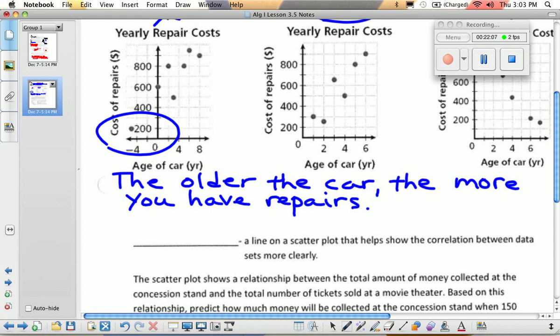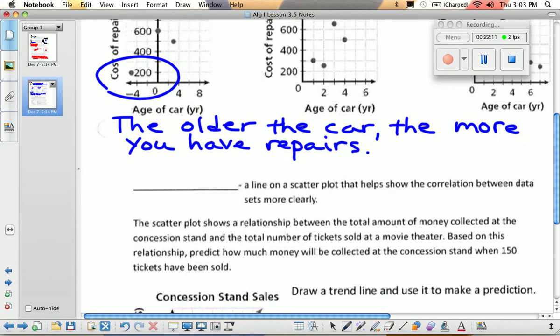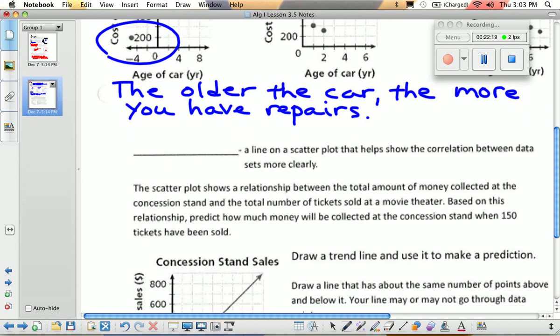Maybe yours is an outlier, huh? So in general, the older the car, the more you have repairs. So we have a positive correlation going on there. And it's going to be really hard for me to assess you on this if you're doing your what-ifs, okay?